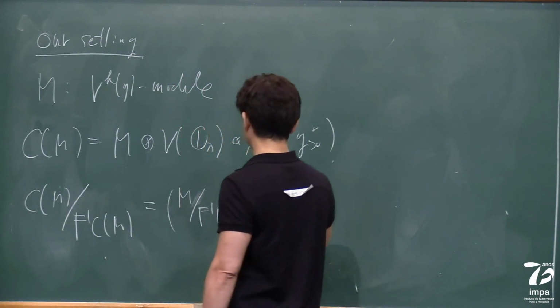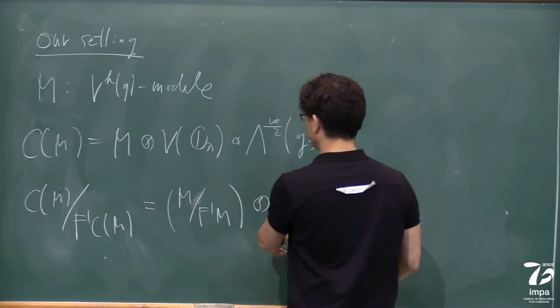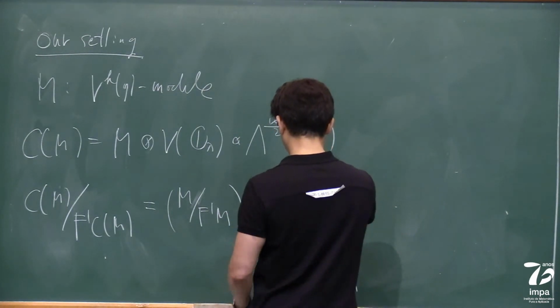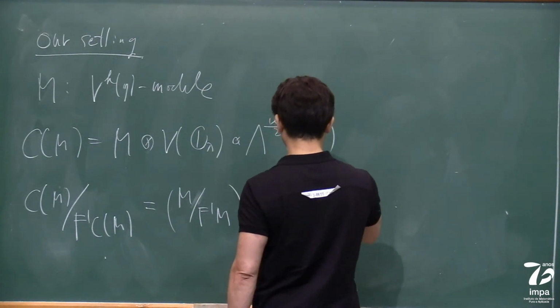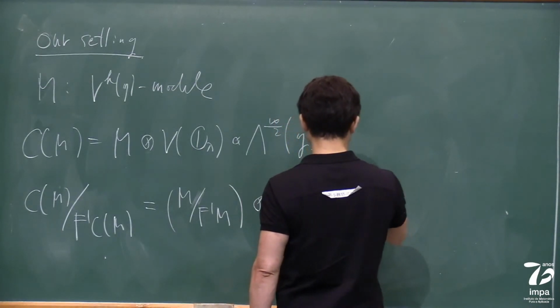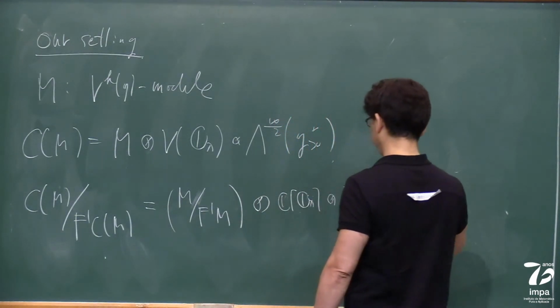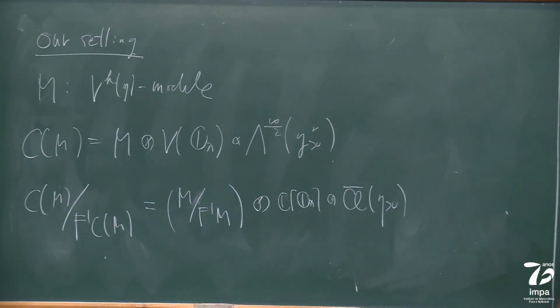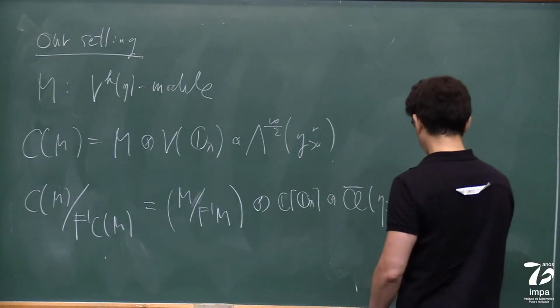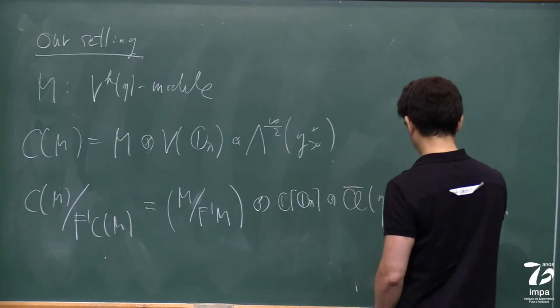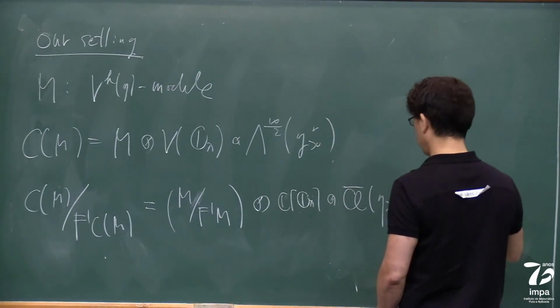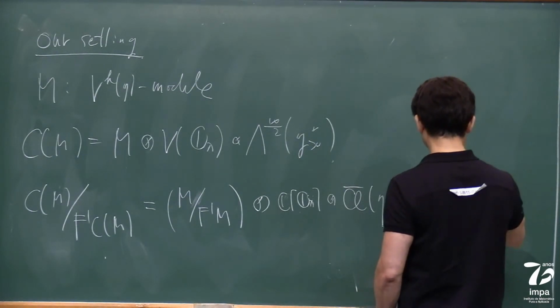So this is the tensor product of C of OK and the classical Clifford algebra. And this is a module over, a Poisson module over R of C of VKG.